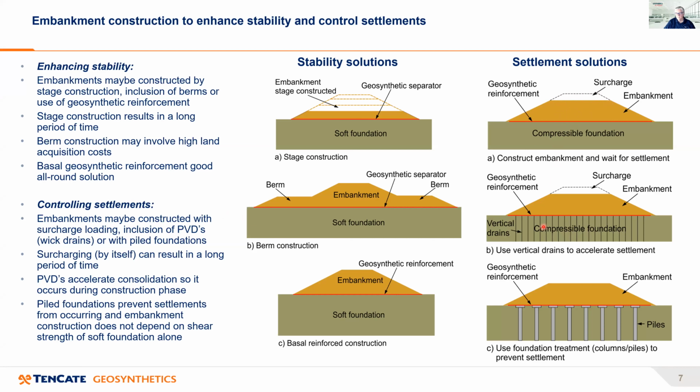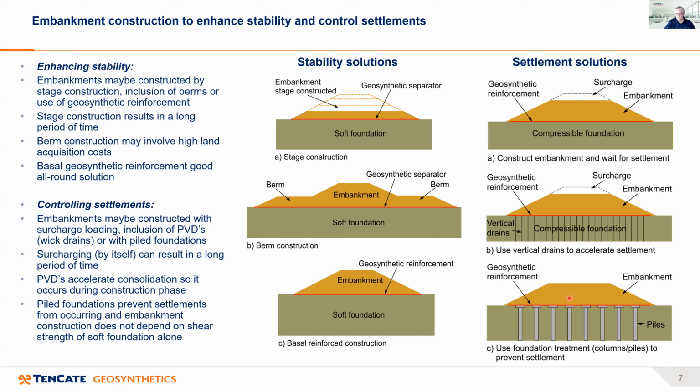To accelerate the rate of consolidation of the soft foundation, we may apply vertical drains, or in Australia, you refer to them as wick drains, into the soft foundation soil to accelerate the consolidation. And again, we also can apply surcharge to make this work even quicker.